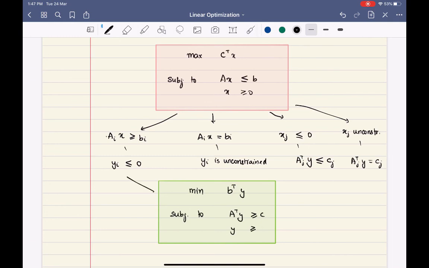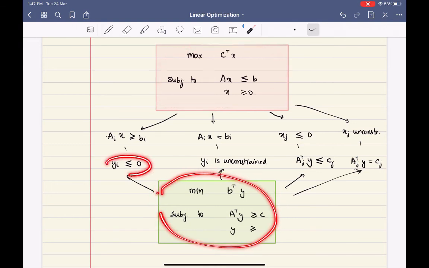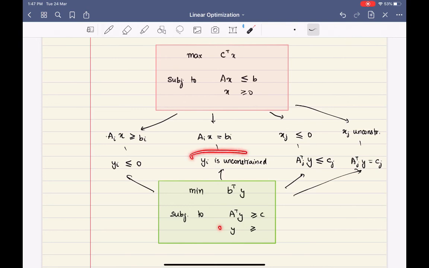Now, in fact, if you start from this as your primal, then this will be your dual. And here, suppose we had yi less than or equal to 0, then the corresponding thing here has to have bigger than. Here, if we have yi to be unconstrained, the corresponding constraint here should have equality.